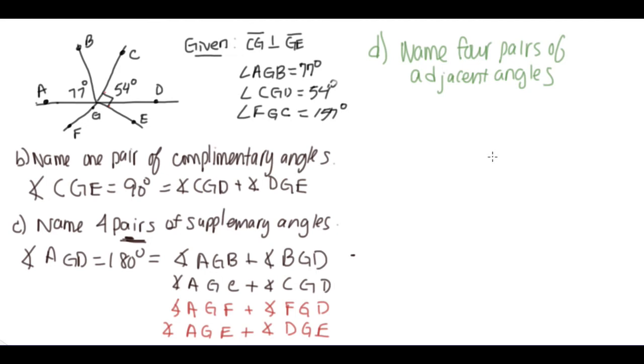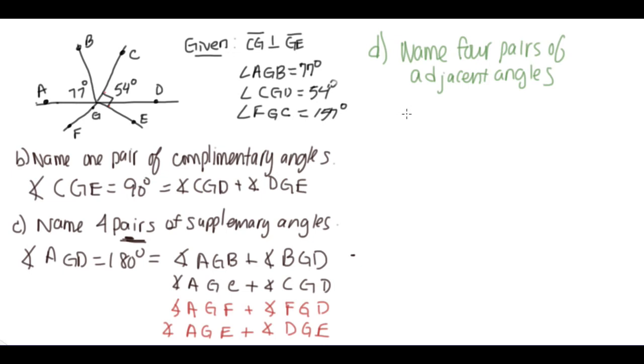Now recall, angles are adjacent if they have a common vertex and a common side, but do not overlap. So we can look, for example, at AGB and BGC. They have a common vertex G, but they do not overlap, and they have a common side BG.